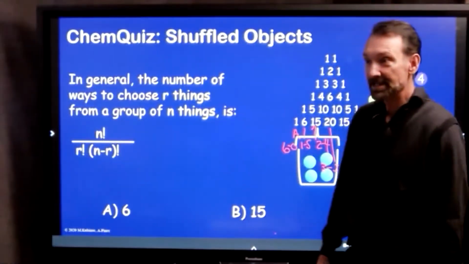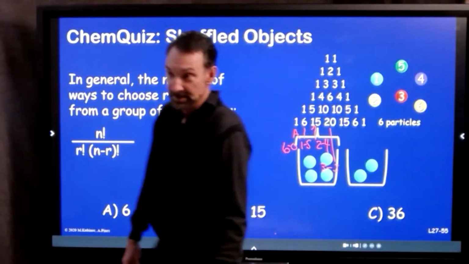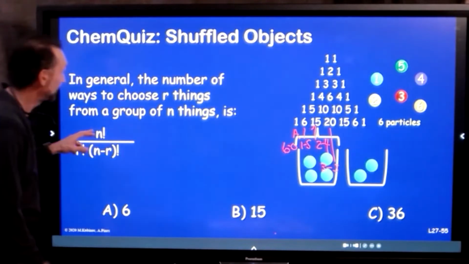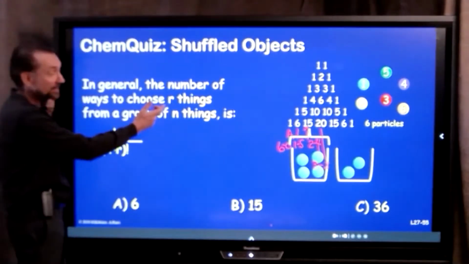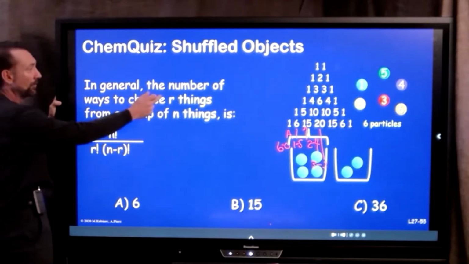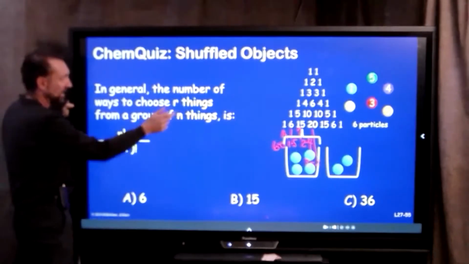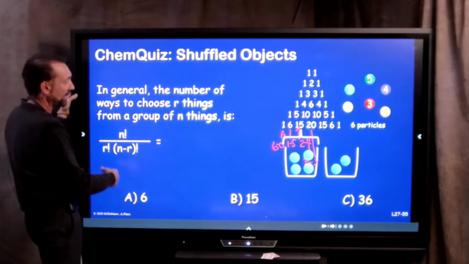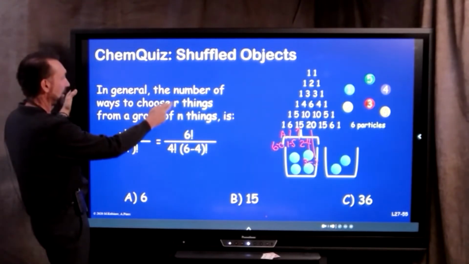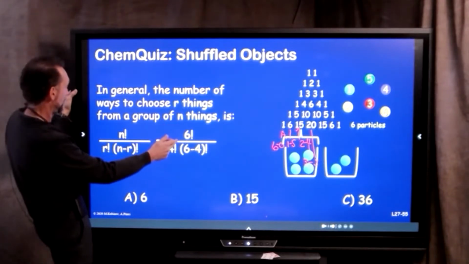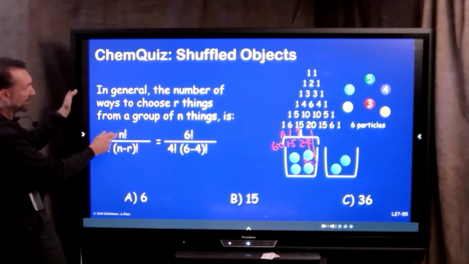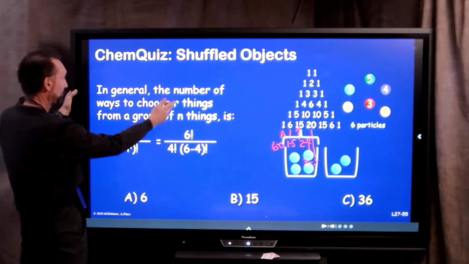So this idea here of taking the pairs of things is here. R is taking 2 things from your 6 things. So R is 2, N is 6. Choose 2 things from 6 things.